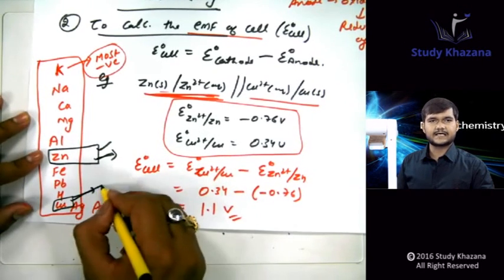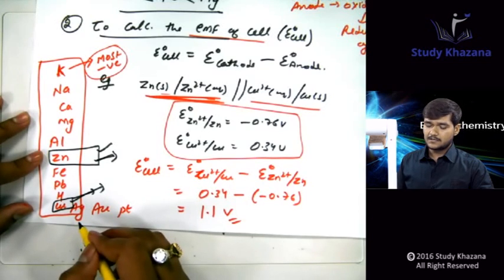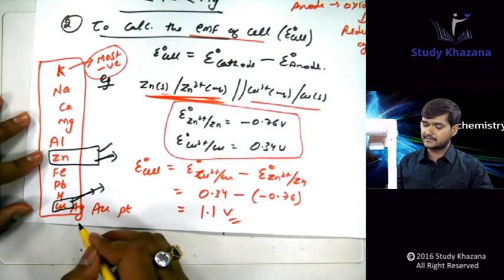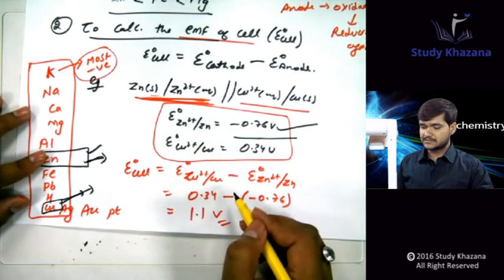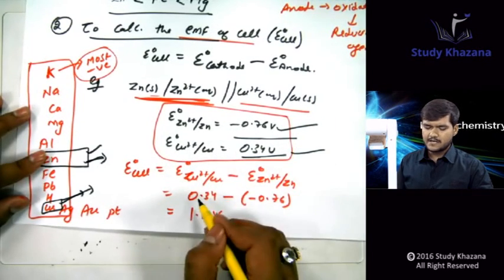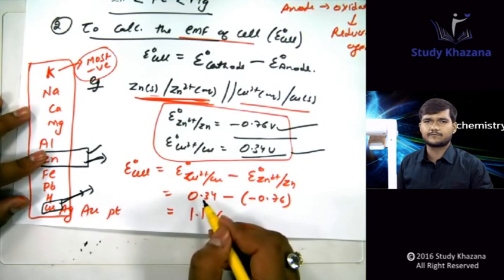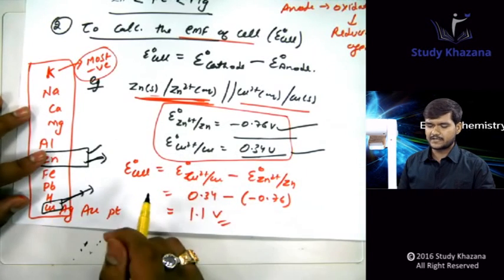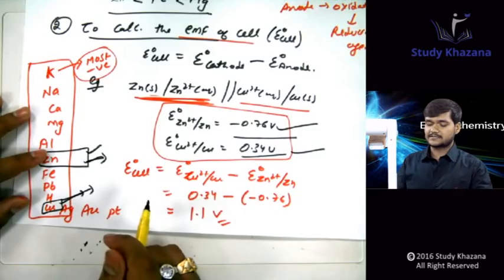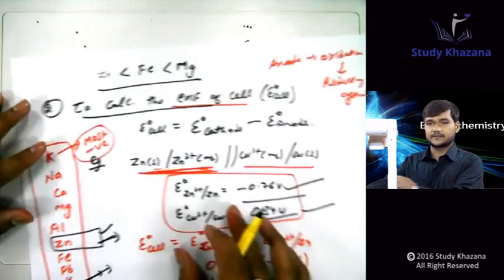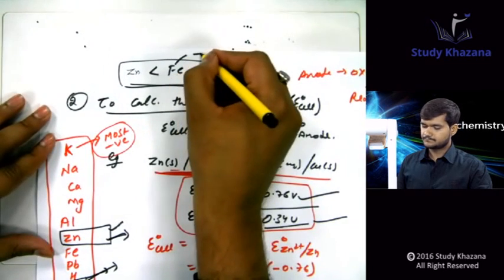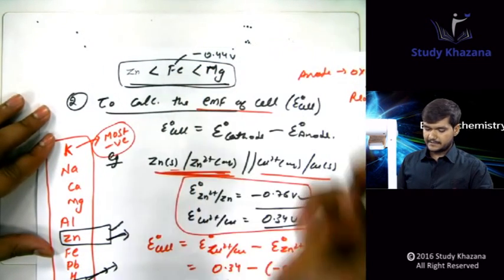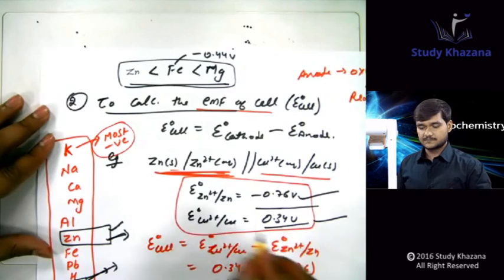Zinc has a negative reduction potential, and copper has a positive reduction potential of 0.34 volt. Anything below hydrogen will have a positive reduction potential. Like the example I discussed, magnesium and iron: iron was having negative 0.44 volt, and iron comes below zinc.